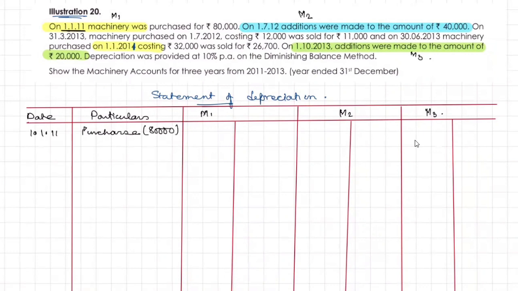Now see what they are saying. Then addition has been done the next year, correct? So this year nothing has happened. So on 31st December 2011, depreciation will be charged.